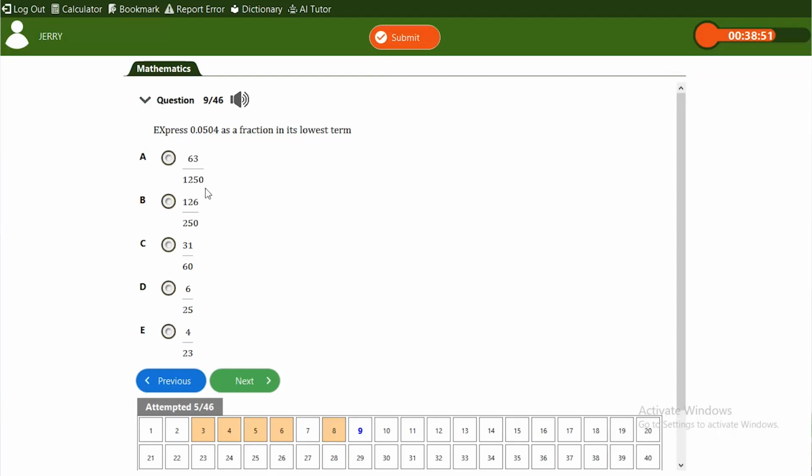Okay, so you see this, and they say express 0.0504 as a fraction in its lowest form. So it is what we just did now. You can try this on your own. You can solve this and put your answer on the comment section, because we just did exactly the same thing. Now, 0.0504. Okay, they say we should express it as a fraction in its lowest form.